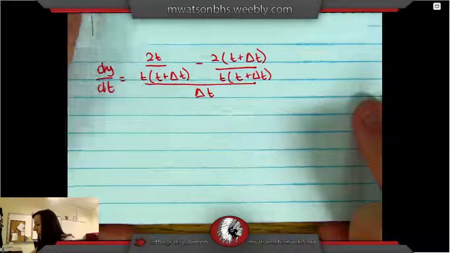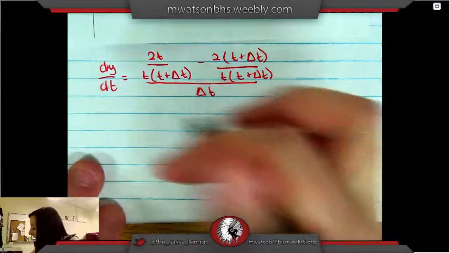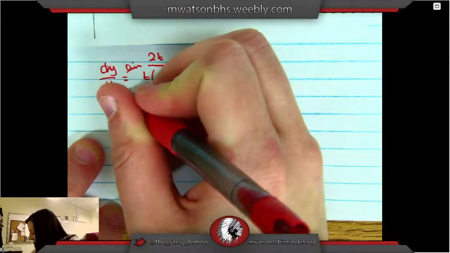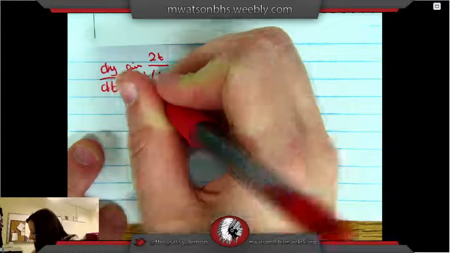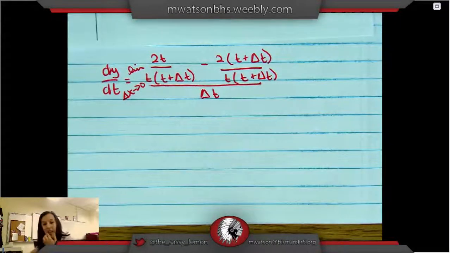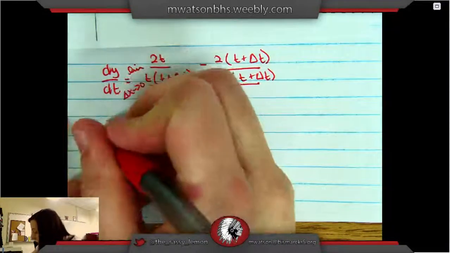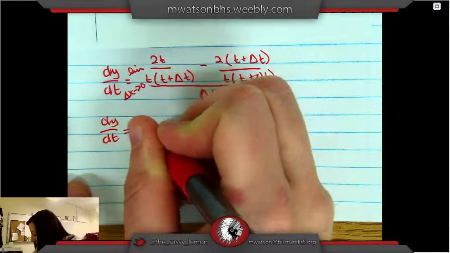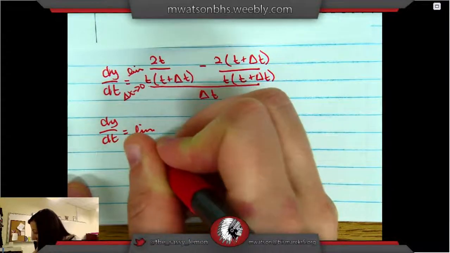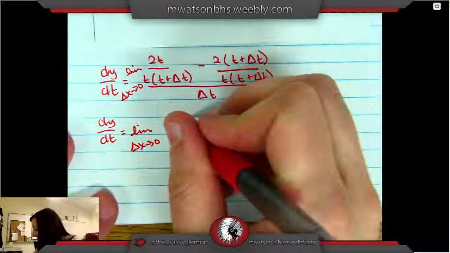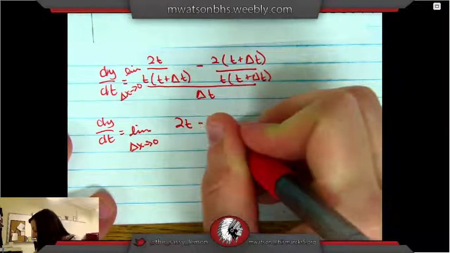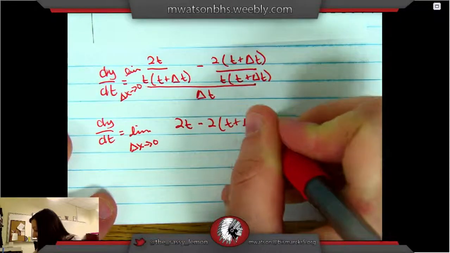So now we're going to combine our fractions on top. Oh, and I forgot my limit notation. Shame on me. As delta t approaches 0. Okay, so combine those fractions on top, and we get dy over dt equals the limit, as delta t approaches 0, of 2t minus 2 times t plus delta t.